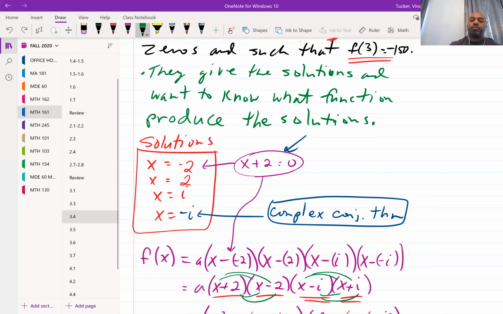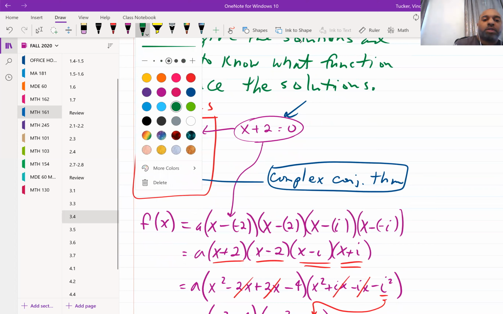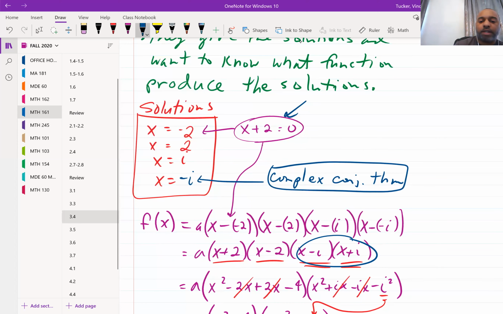Now go ahead and use those opposite signs. That'll be x plus 2, x minus 2, x minus i, and x plus i. Now what you want to do is multiply these together and multiply these two together, doing your binomial distribution.